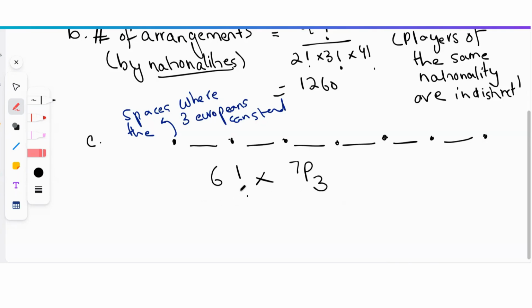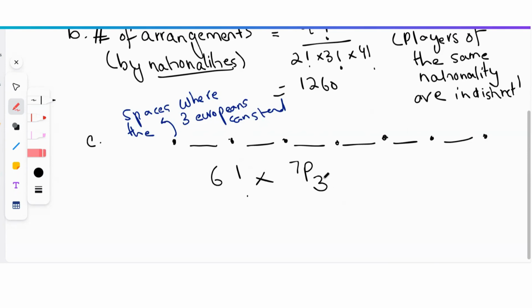So where does this come from? There are six factorial ways in which the remaining six players, other than the three Europeans, can stand, and then we have seven spaces where the three Europeans can stand between the remaining six players. So out of seven, we will choose any three spaces and then arrange the three Europeans in those three spaces in three factorial ways.